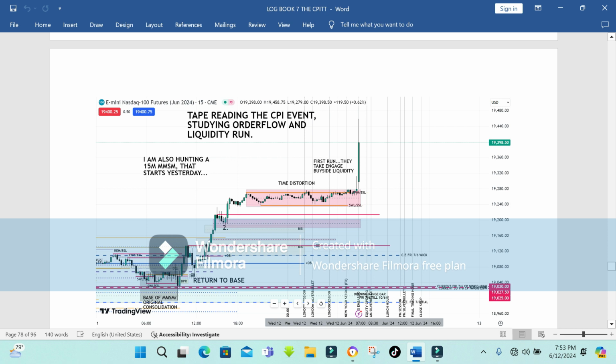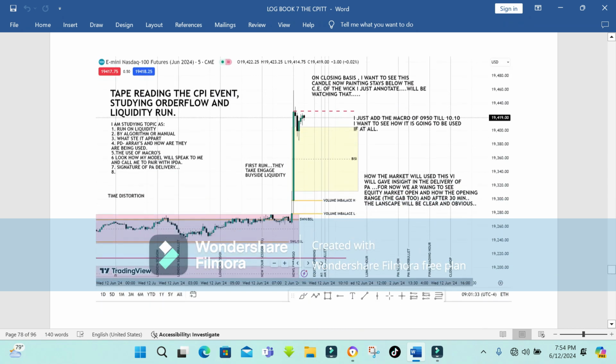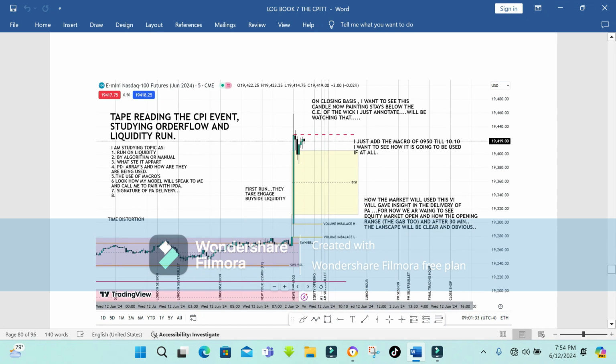I was looking at a market maker sell model from the 15-minute chart. I saw this return to base, this 1 2, this distortion. I was looking for the market to give me the sell side delivery, and we will see on the chart what it all did.